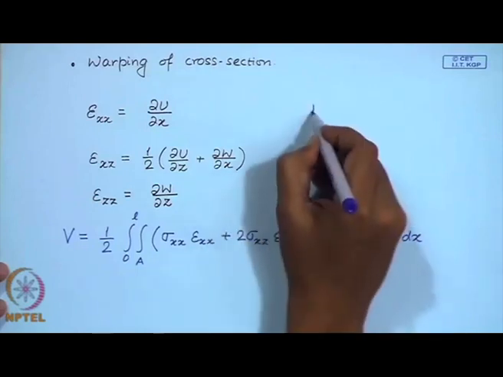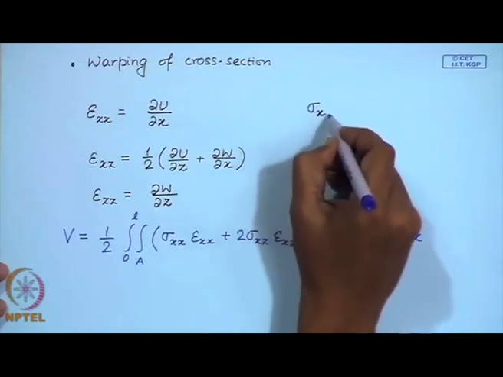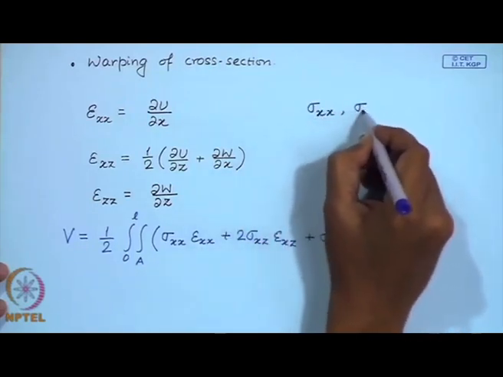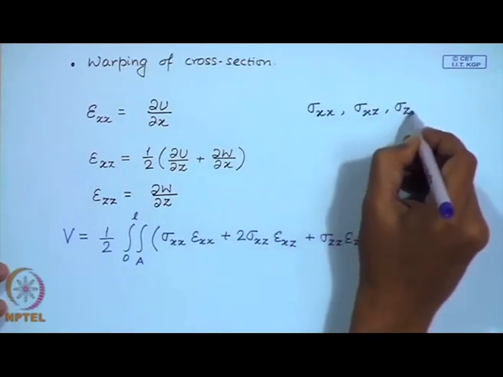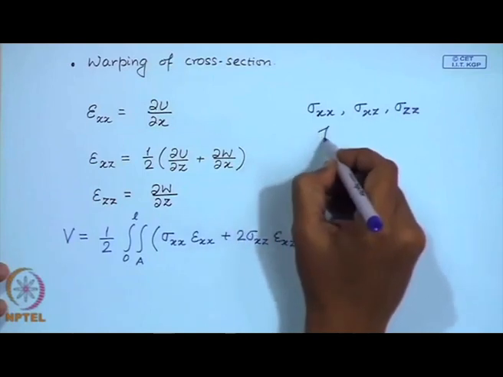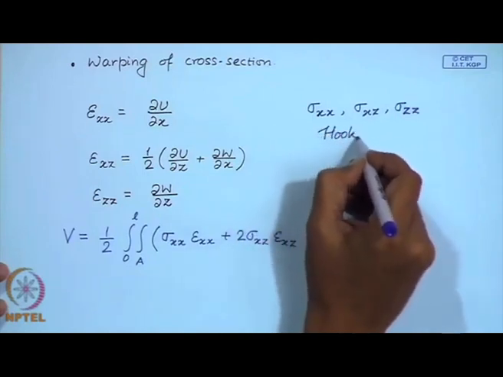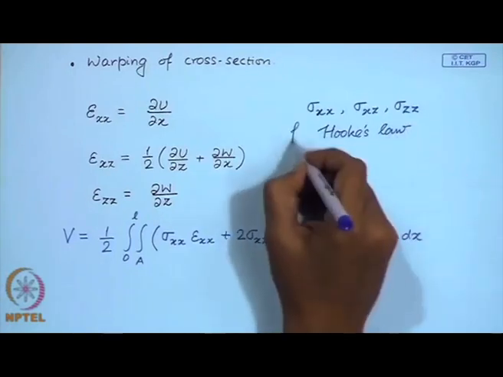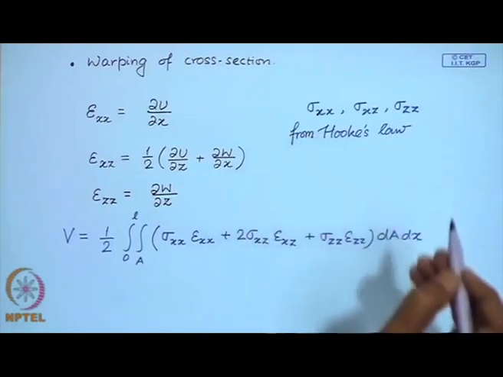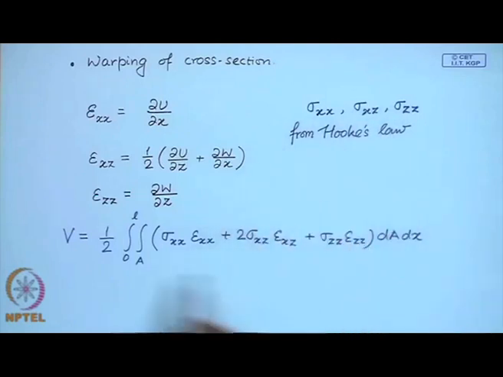where this sigma xx, sigma xz and sigma zz are determined from the Hooke's law. So, once we have this, we can write down the potential energy.